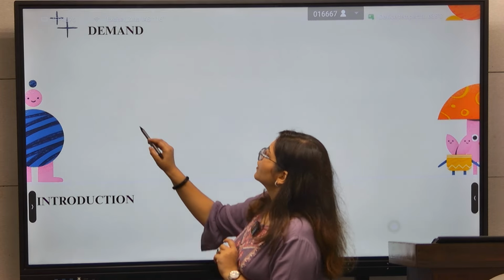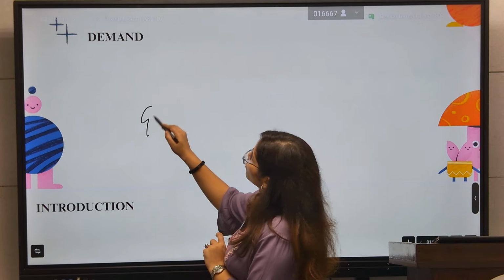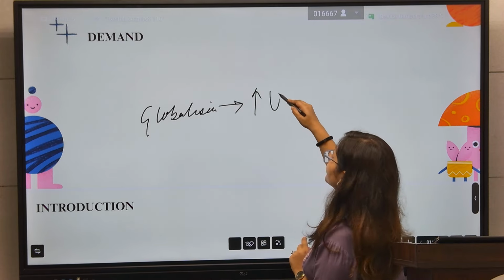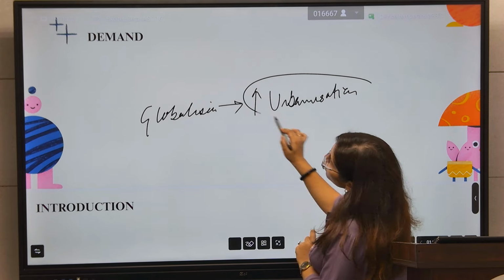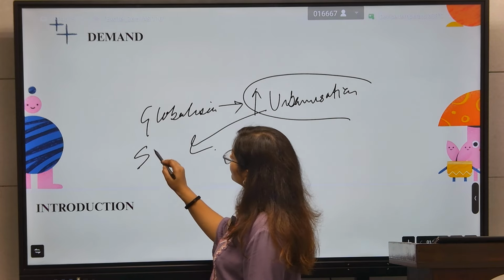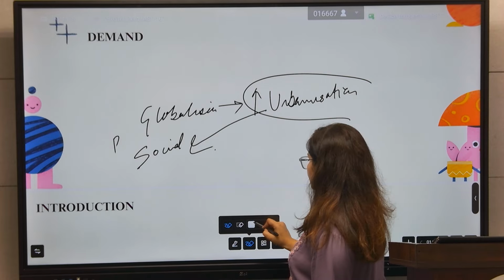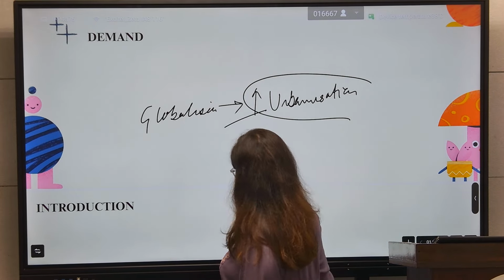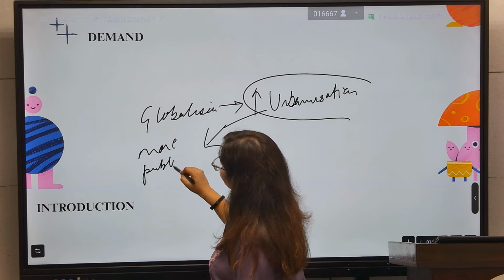See what is happening: due to globalization, there is increased urbanization. Due to urbanization, what happened? There is more public and professional space.